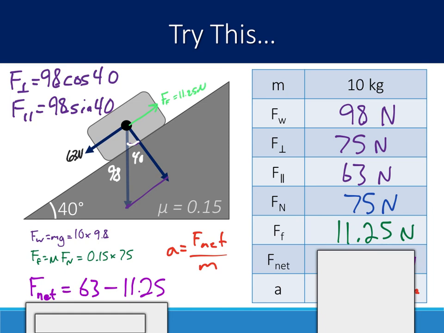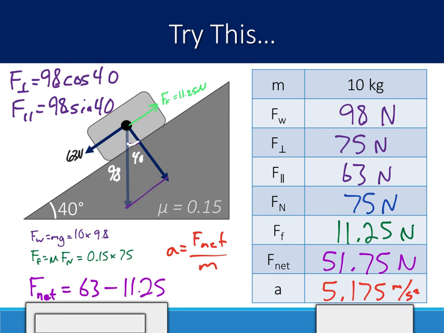So to find my net force, I'm going to subtract those two, 63 minus 11.25, then that answer I divide by the mass to figure out what my acceleration is. Remember the mass was 10 kilograms, so I'm just dividing that net force by 10 to get 5.175. All right, great.